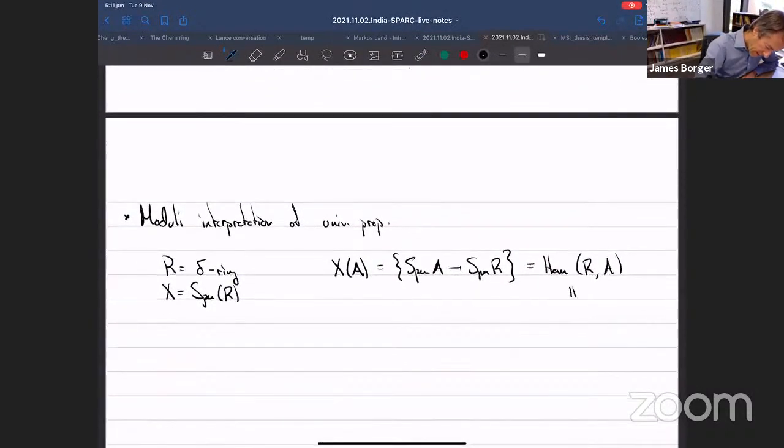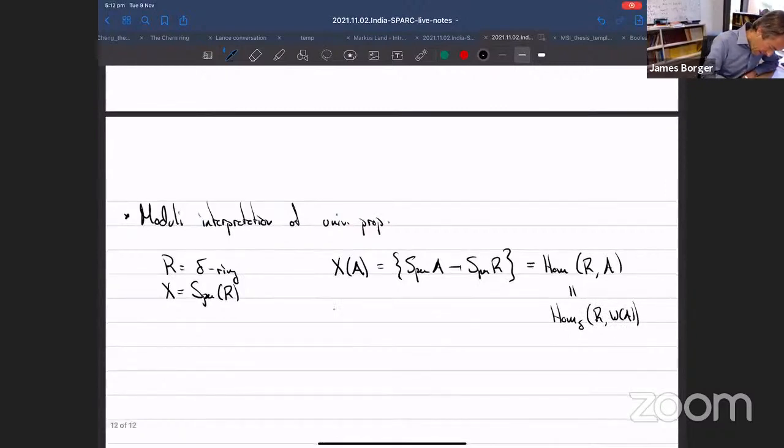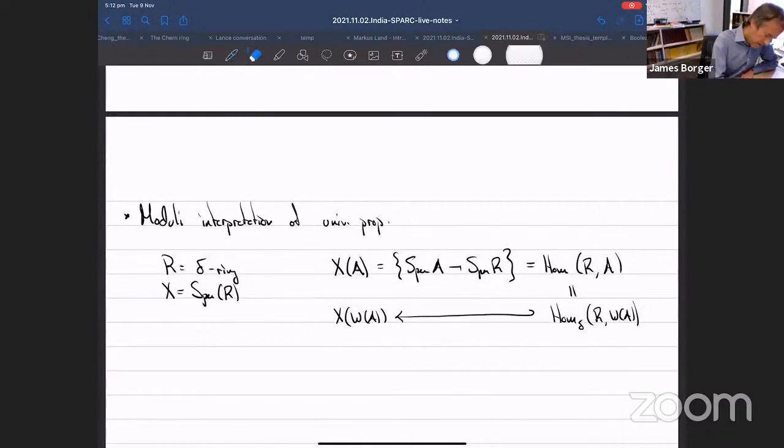I'll write it this way: the delta ring homomorphisms from R to W of A. Those are particular examples of just ring homomorphisms from R to W of A, so that injects into all the ring homomorphisms from R to W of A. So composing that, we have a canonical map from the points with coordinates.